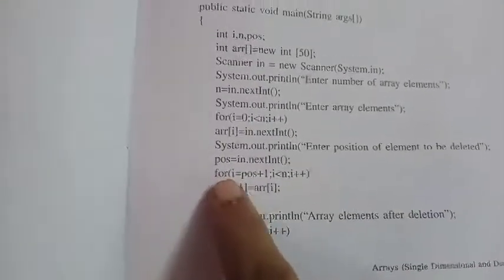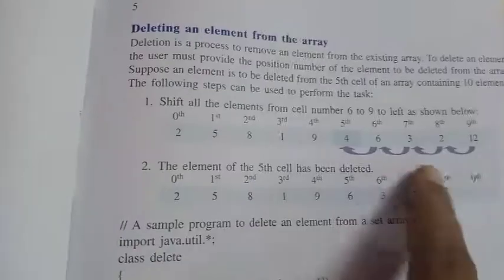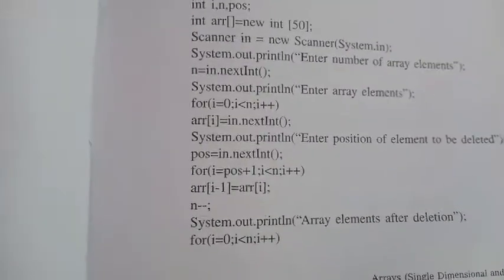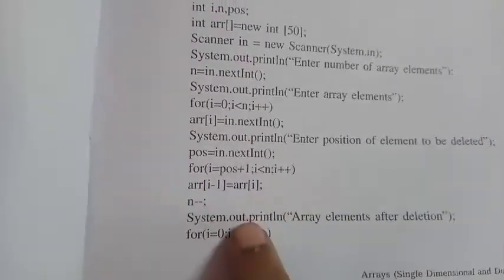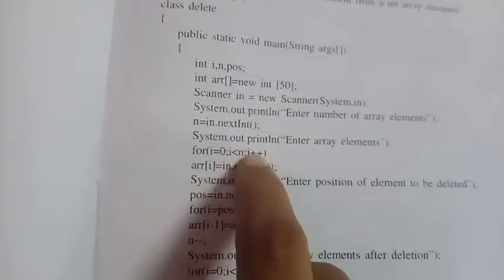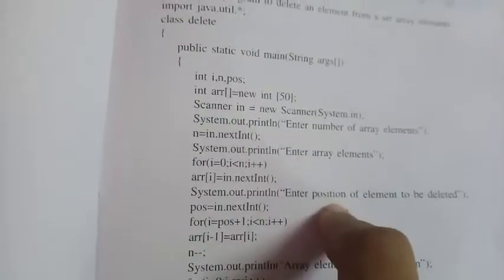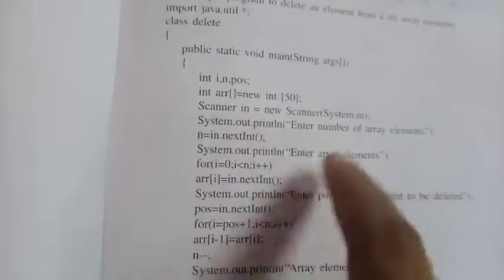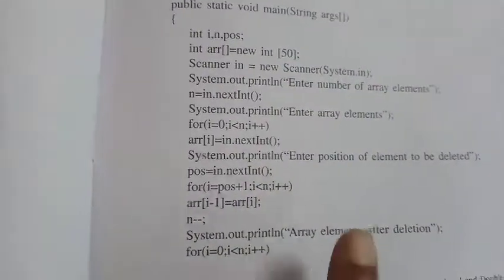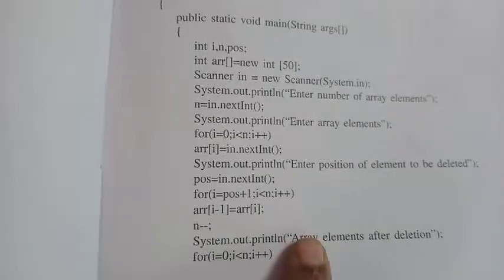So once the loop runs, all the elements till the end will be shifted here, and since we have deleted an element, automatically the number of elements will be decremented by 1. If suppose you are having 9 elements and you delete an element, then after deletion you will have only 8 elements, right?